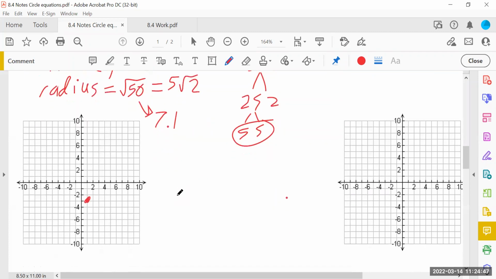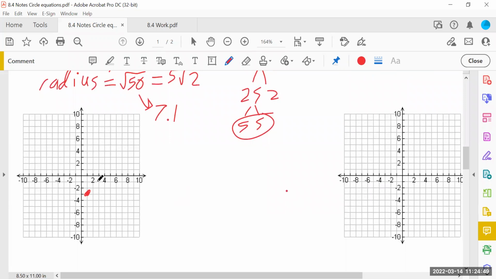So I'm going to go from my center, right 1, 2, 3, 4, 5, 6, 7, and a little bit. Left 1, 2, 3, 4, 5, 6, 7, and a little bit. Up 1, 2, 3, 4, 5, 6, 7, and a little bit.